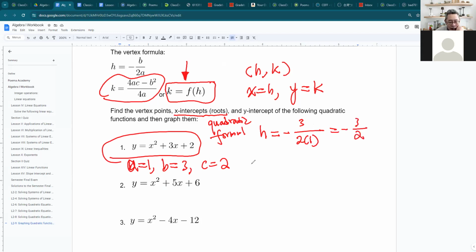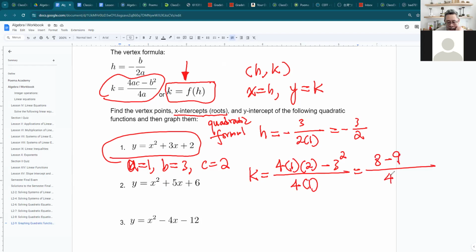And if you want to find the k using the formula, we got 4ac, where a is 1, c is 2, minus b squared, which is 9, then over 4a, 4 over 1. So that gave us 8 minus 9 over 4, so negative 1/4.